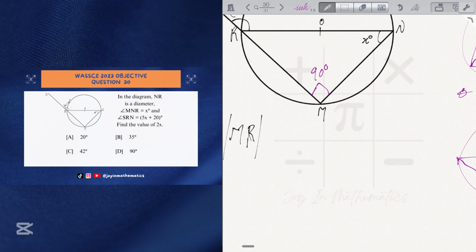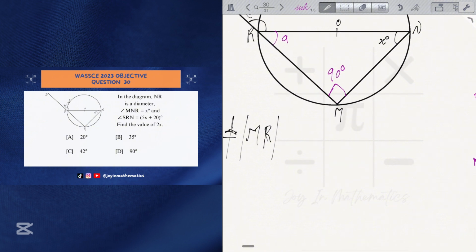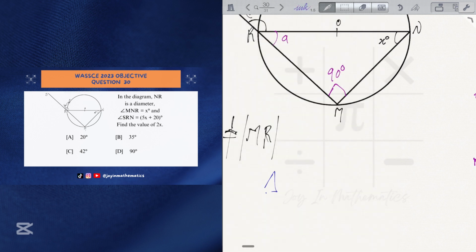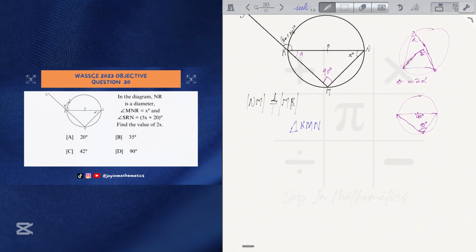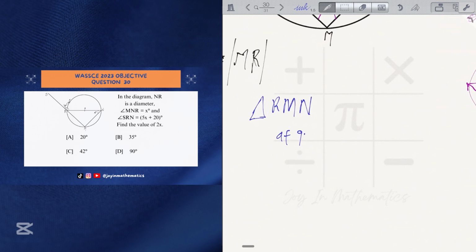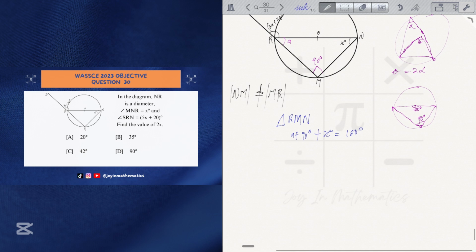So we can easily evaluate the value of A in this case. How do we evaluate the value of A? We will use the sum of angles in a triangle. So we are going to consider triangle RMN. If we are considering triangle RMN, A plus 90 degrees plus x degrees is equal to 180 degrees, because the sum of angles in a triangle is 180 degrees.